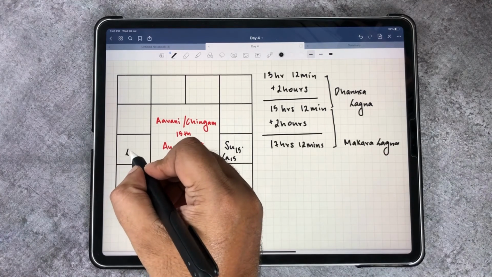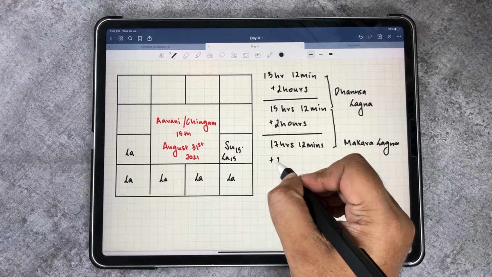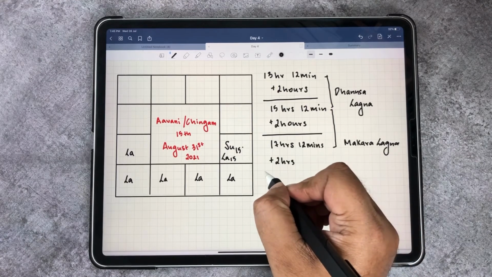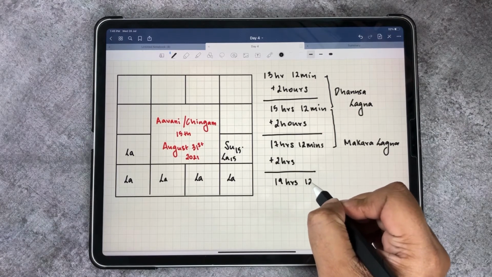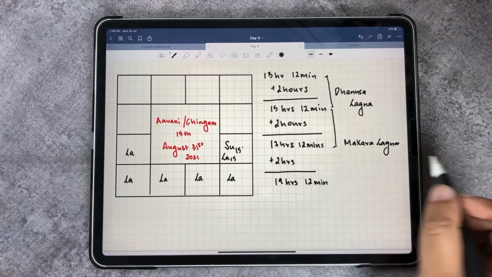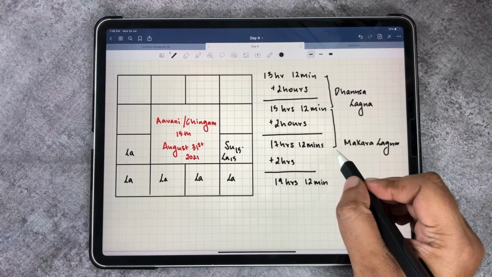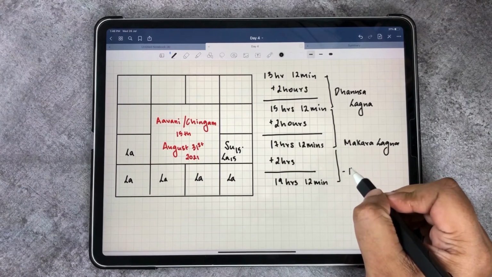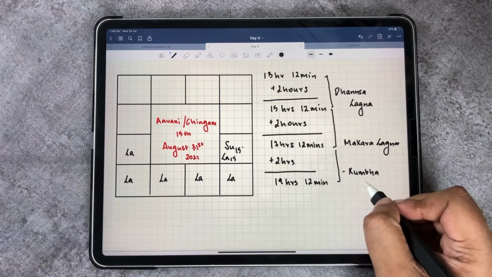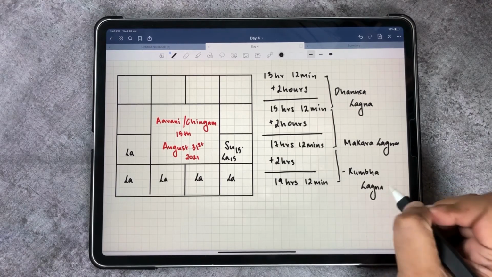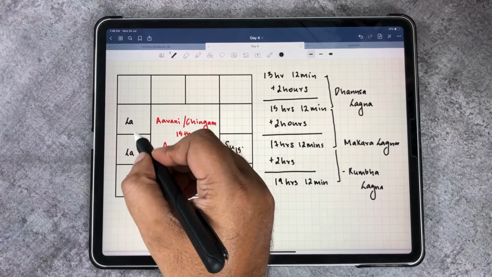Makara Lagnam, let's put it here. Okay, again add 2 hours. You will get 19 hours 12 minutes. So from 5:12 p.m. to 7:12 p.m. you will have what? Kumbha Lagnam. So it will be right here. It will cover this entire 30 degrees.